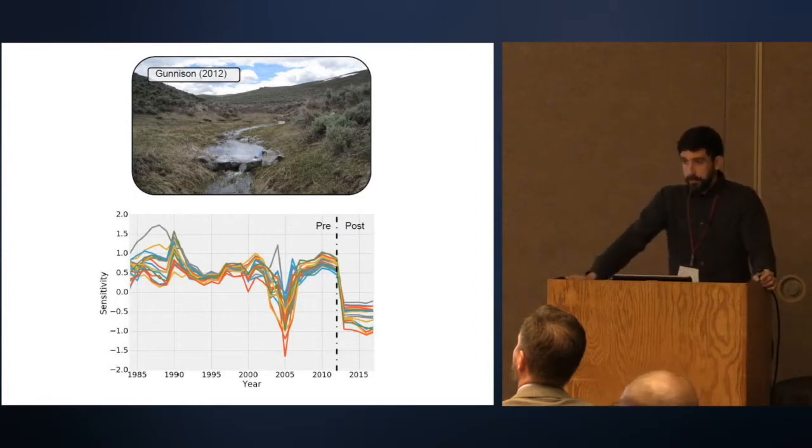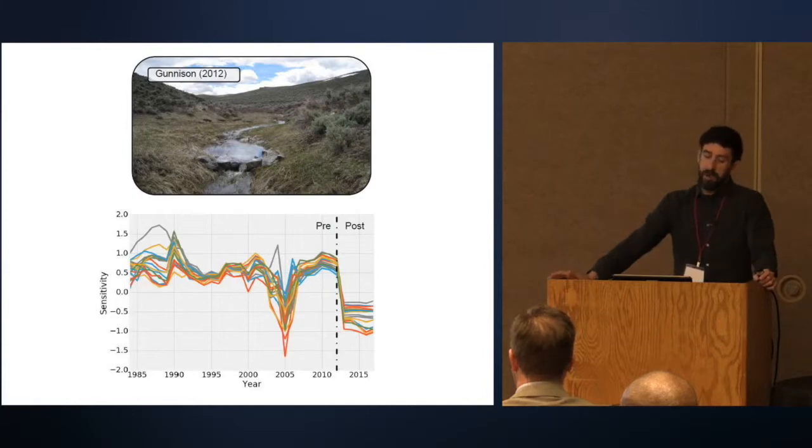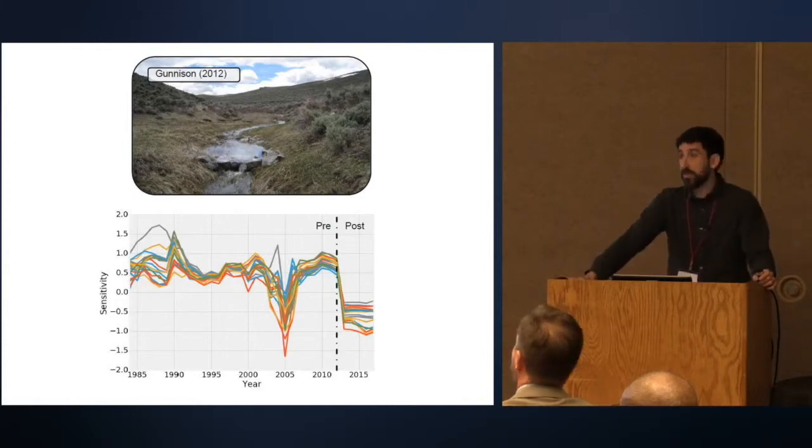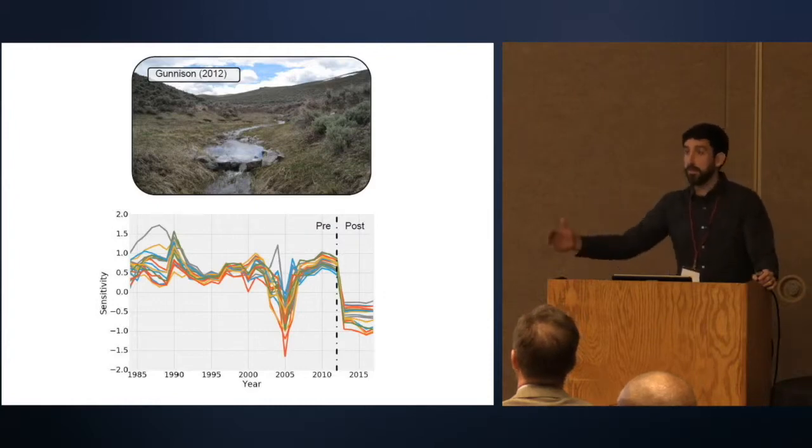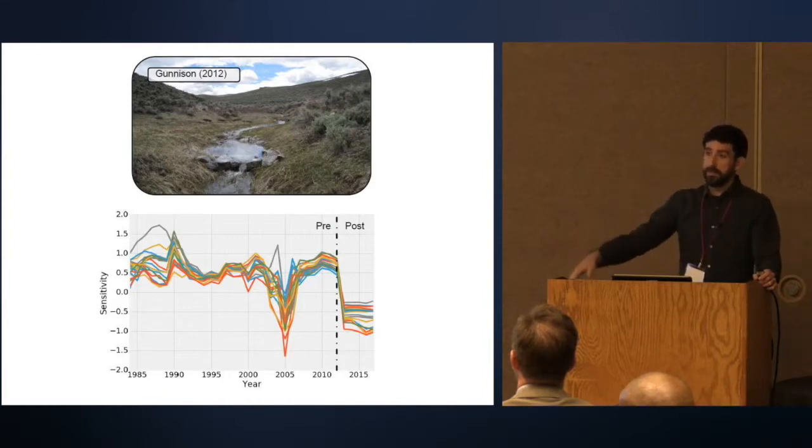And I've talked to some of the folks there who are in the area, and our best guess at what's going on there is in 2002 there was a major drought in the area. And after that, it stayed pretty dry for subsequent years. And so my best guess is this is picking up a decrease in sensitivity.